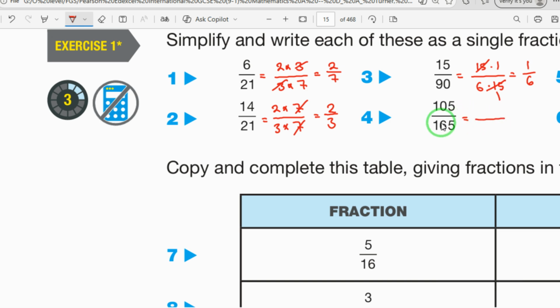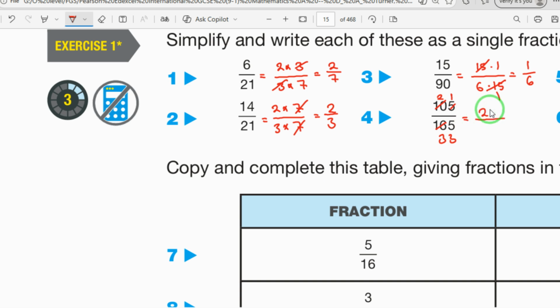And the next question here we have 105 over 165. We divide both numerator and denominator by 5. 21 times 5 is 105, and 33 times 5 is 165.